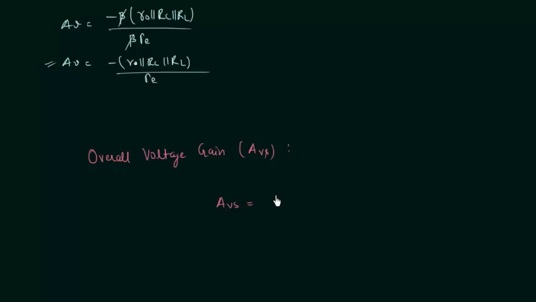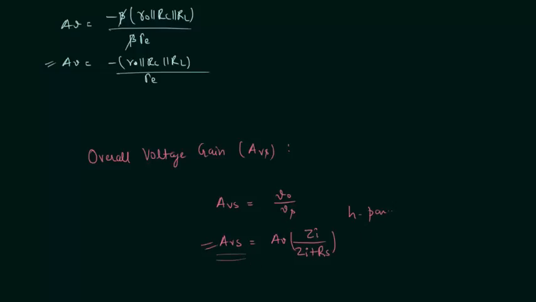AVs is equal to VO by Vs. AVs is equal to the voltage gain inside the bracket, times input impedance divided by input impedance plus the source resistance. So this is the expression of overall voltage gain, and if you don't know how we have obtained this result, then watch the H parameters lecture. In that lecture I have explained how to obtain the overall voltage gain.